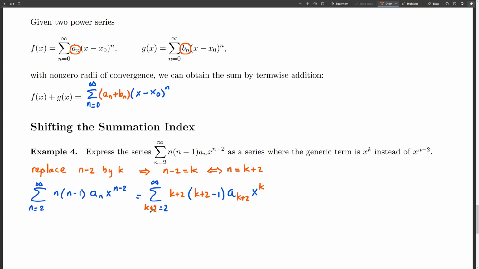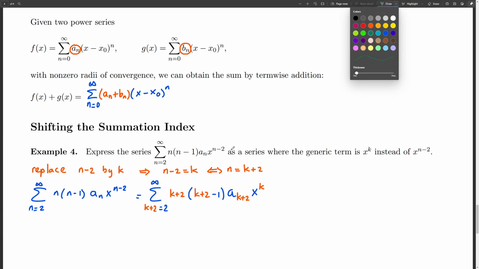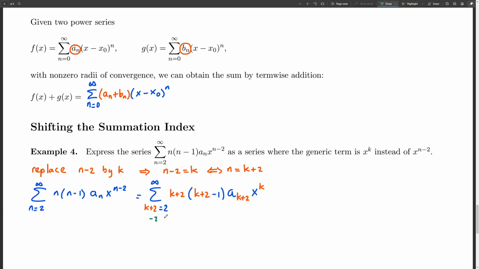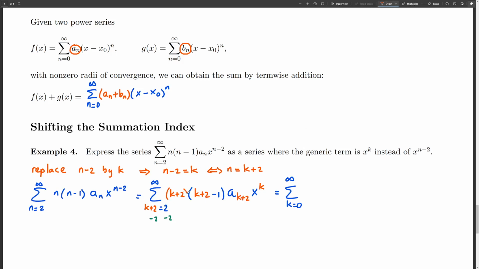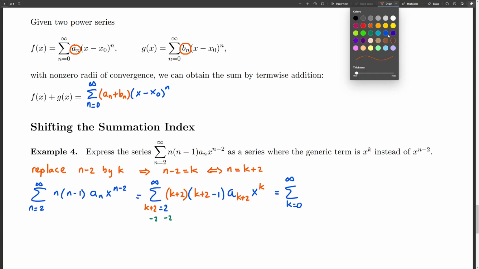Okay, so now all I need to do is simplify this. For the bottom here, I can subtract 2 on both sides. And so my summation, instead of starting at 2, will now start at k equals 0, and it will still go to infinity. And then I have k plus 2, and I need to put parentheses around that.